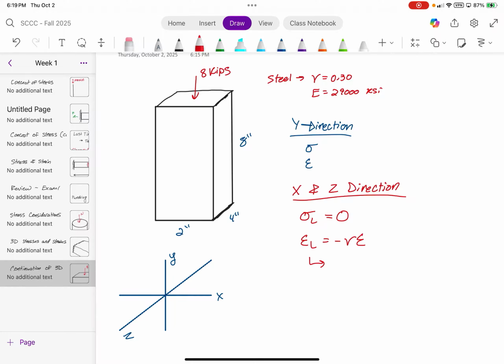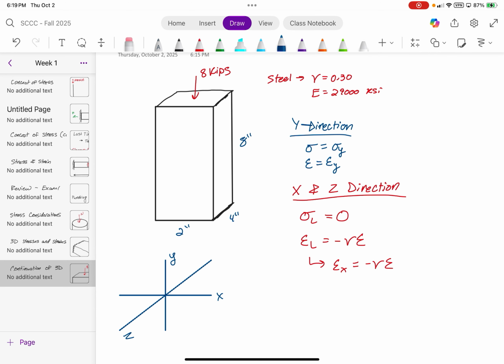So, instead of writing epsilon L, we can simply write epsilon x is equal to negative nu times epsilon. I'm going to clarify up here that this is epsilon y. The y just indicates the direction that the normal strain is occurring. And then the stress is just going to be sigma y. Everyone understand what I just did there?